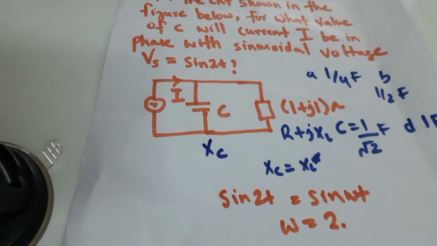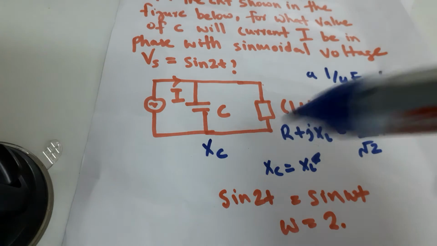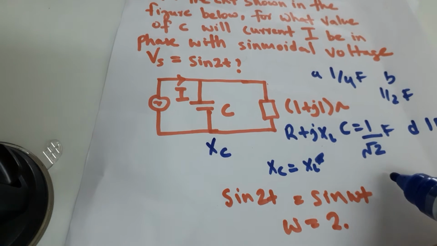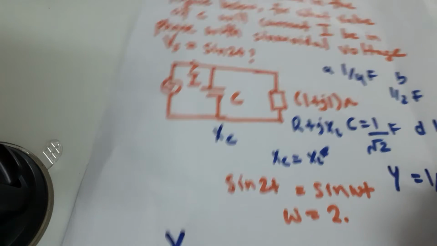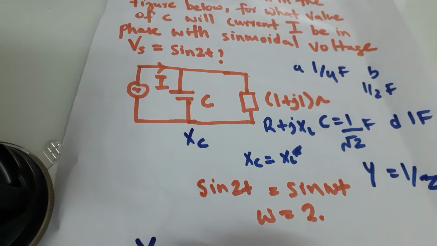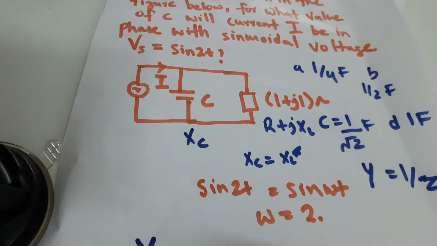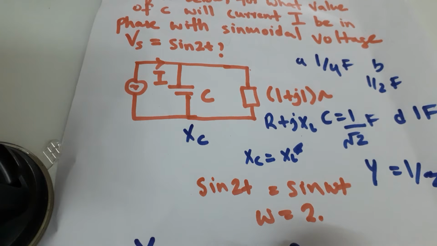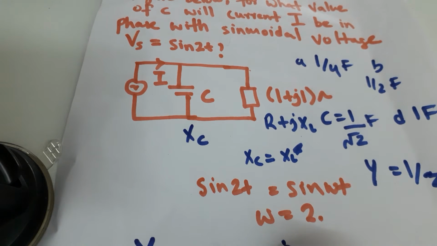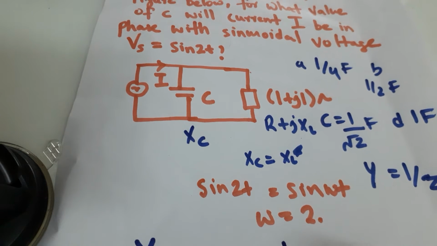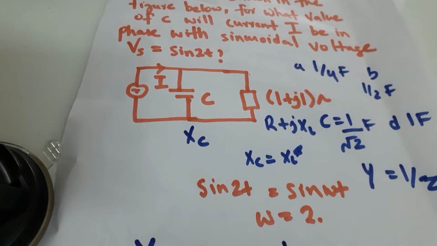The most important thing whenever we are doing this type of problem is to take the admittance Y. Y is basically 1 by Z. So the value of Y would be 1 by Xc plus 1 by R plus jXL.